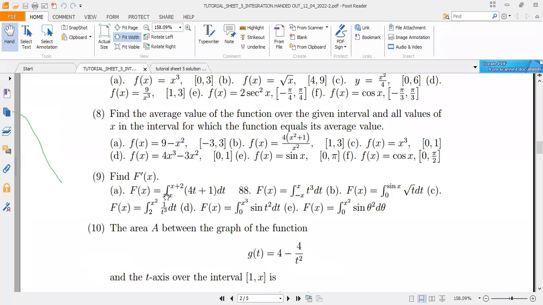So our A is given by the integral of x plus, okay, this guy here. Are you able to see from here? So I'm trying to do this one here.